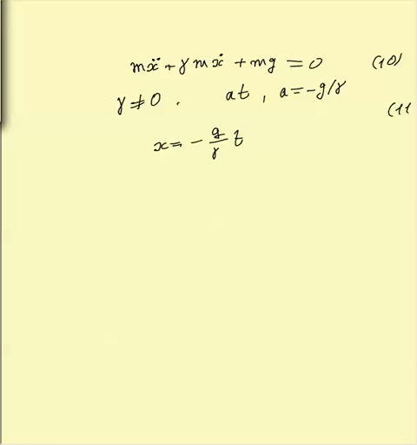Now we look for the general solution of the homogeneous equation m x double dot plus gamma m x dot equals 0. As it is known from just the first course on differential equations, we can use the Euler substitution and look for the solution in the form x equals exponent of alpha times t.